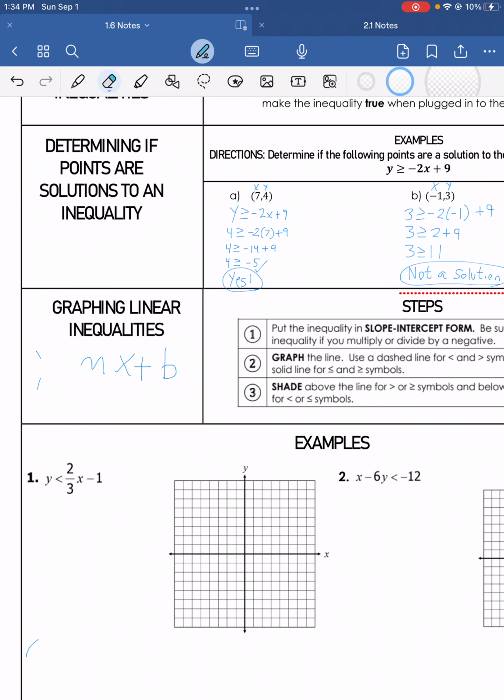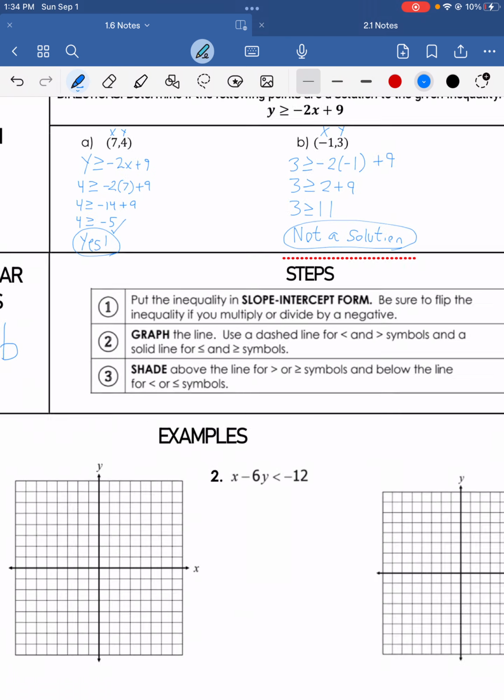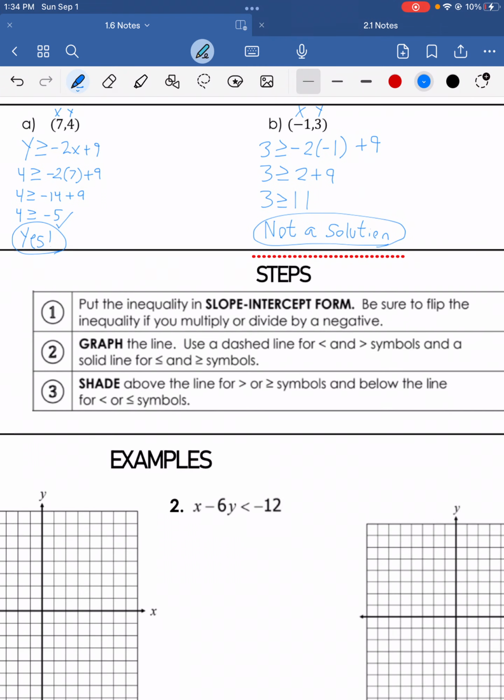Let's make it into an inequality: y is greater than mx plus b, or less than mx plus b. So that's slope-intercept form. So we first get that form. And remember, when you multiply or divide by a negative, you have to flip the sign.